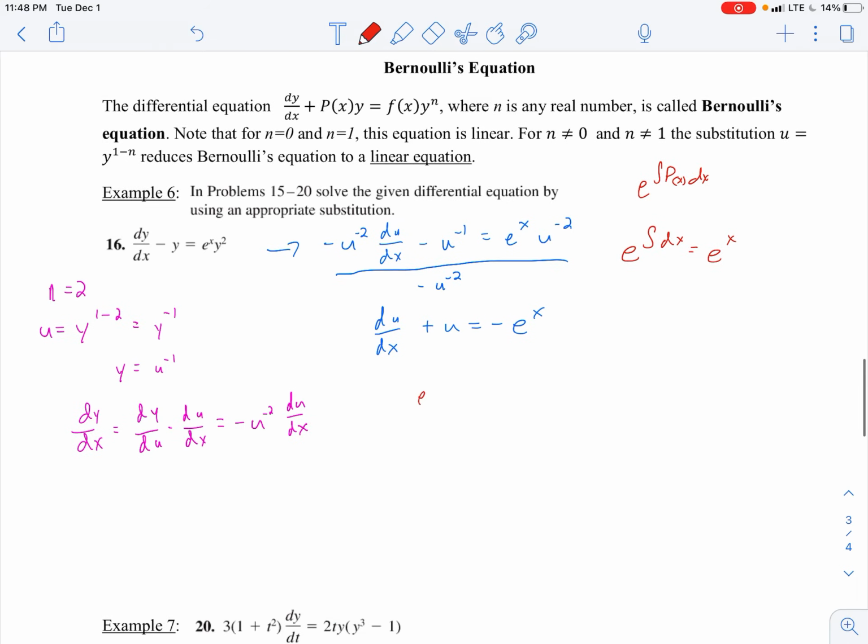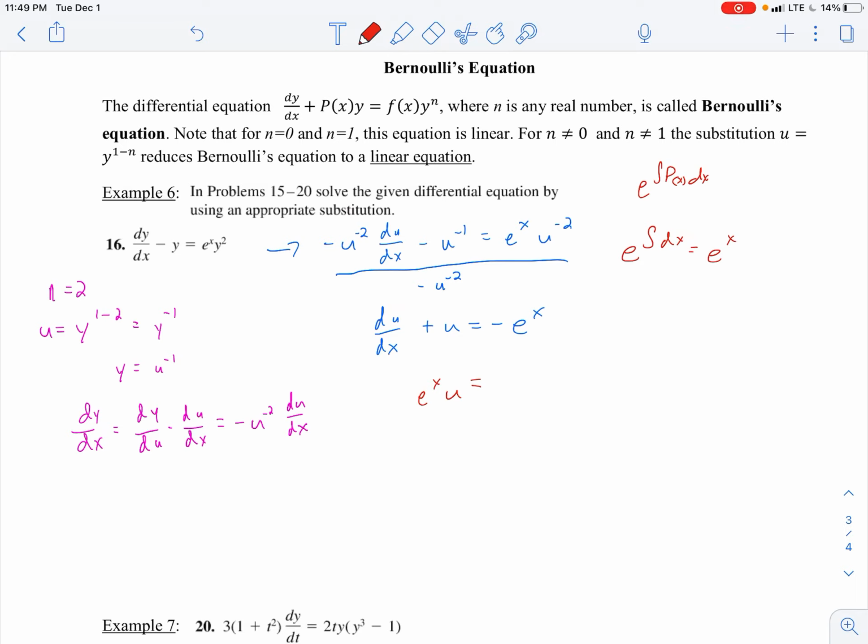So we multiply the left-hand side by e to the x times u. And then again, that part's going to cancel out on the left-hand side, so we don't need to worry about writing the integral. What we were able to do was pull it apart using the product rule, and then we would have the derivative equal that.